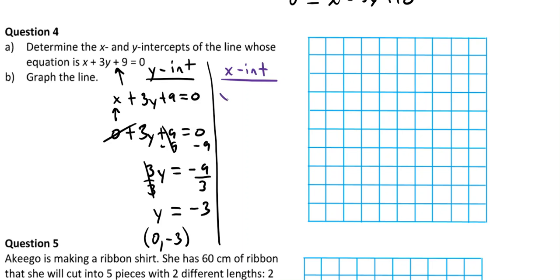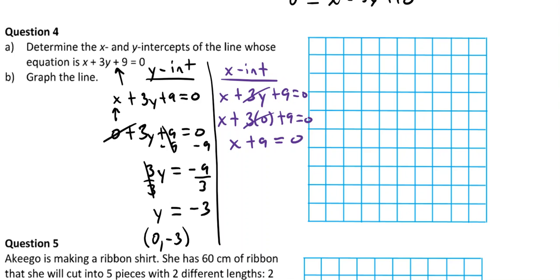So x plus 3y plus 9 is equal to 0 becomes x plus 3 times 0 plus 9 is equal to 0. You could have crossed that out right off the bat, because anything times 0 is 0, so that whole term gets canceled. So now we've just got x plus 9 is equal to 0.